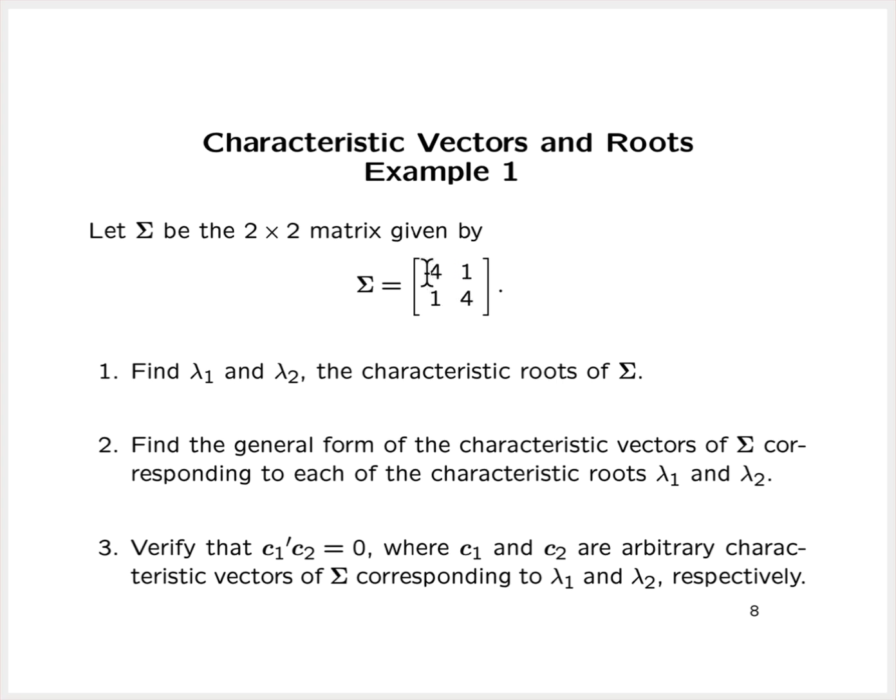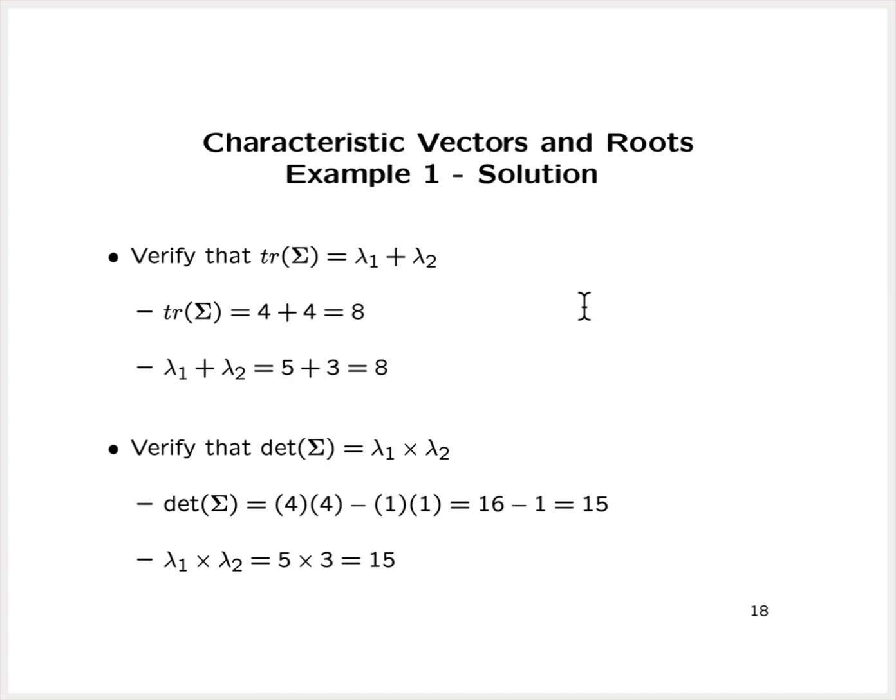And you can see that the sum of the diagonal entries, which gives us the trace, is equal to 8. 4 plus 4, that's 8. Now notice also that the sum of the characteristic roots, 5 plus 3, is also 8. So we see that in this example, this relationship holds.